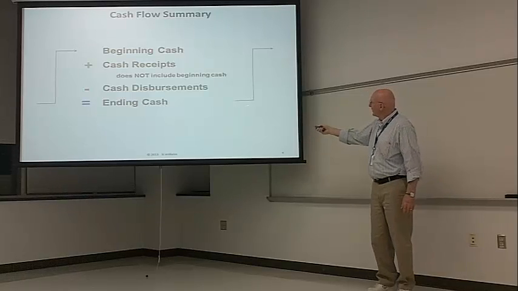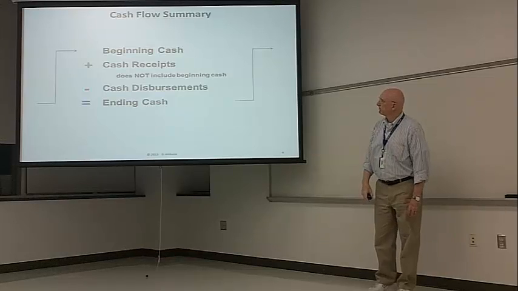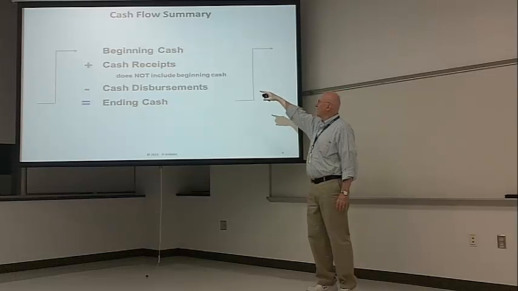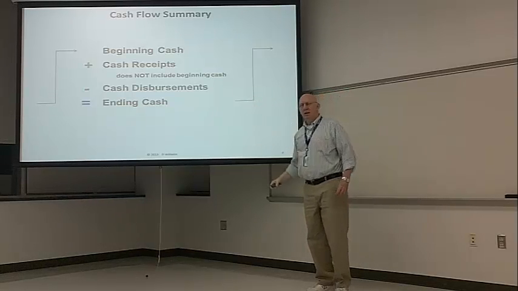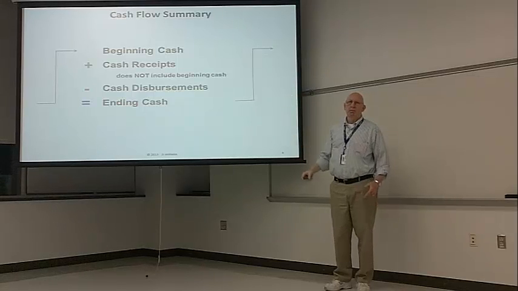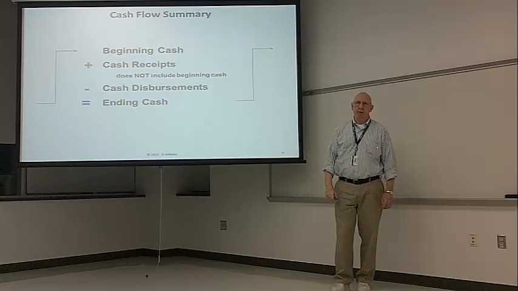That ending cash now is the beginning cash for the next period. Brief comment: when calculating the cash receipts, a common error seems to be to add in the beginning cash, but no, that's just the cash receipts for that period.